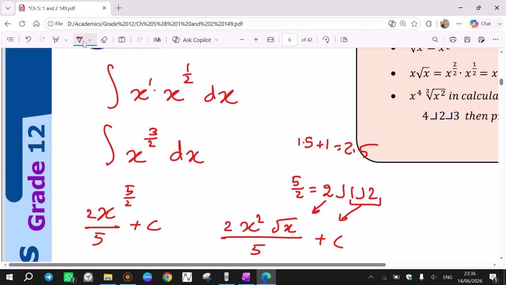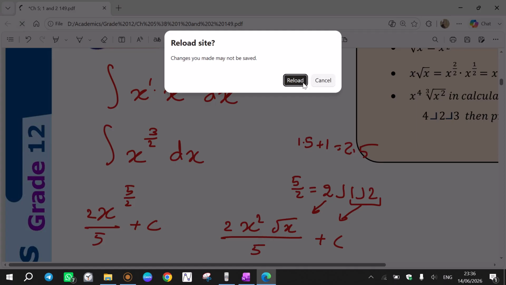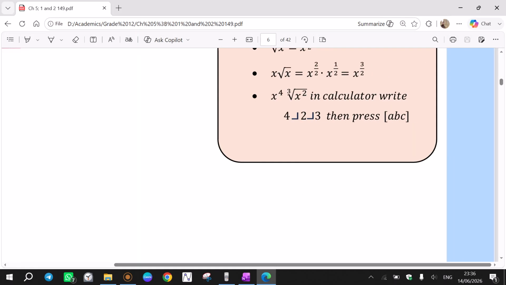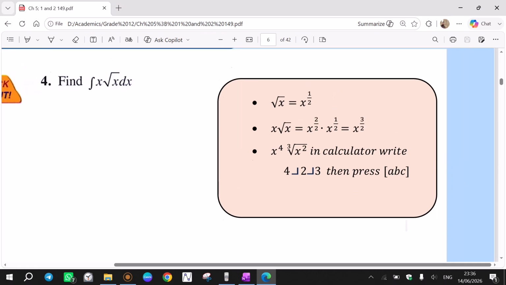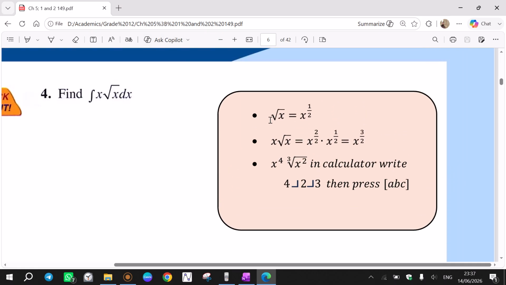Look at this note. I wrote the simplest forms for radical and fractional power terms. See, if you have square root x, we can replace it with x power 1 over 2. If we have x power 3 over 2, I can write in calculator 3 over 2, and I'm going to see 1, 1, 2.